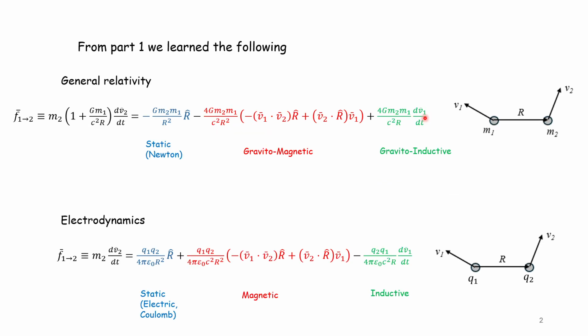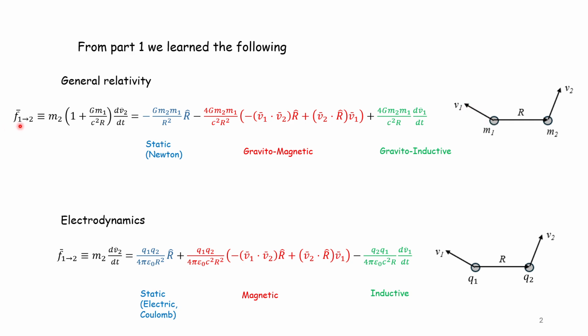So let us repeat first from part one. We learned that general relativity can be expressed in the force perspective with this formula here. We consider the mutual interaction between two objects, number 1 and 2. They have arbitrary velocities, which may change in time.